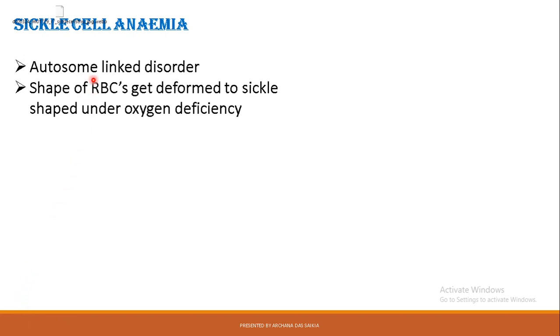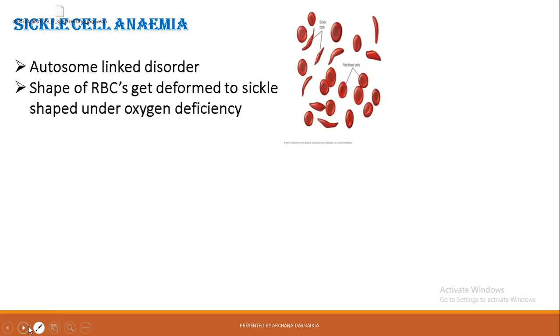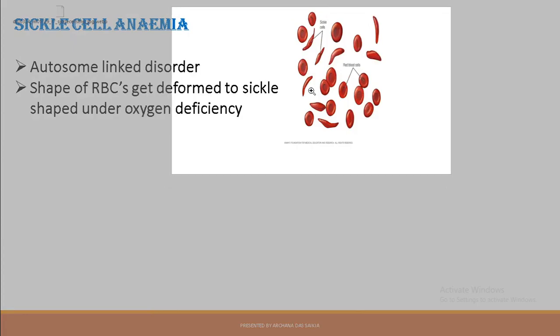Now, in this, what happens? As I mentioned, the shape of RBC gets deformed to sickle-shaped or crescent-shaped under oxygen deficiency. So here we can see, I will just zoom out and show here.